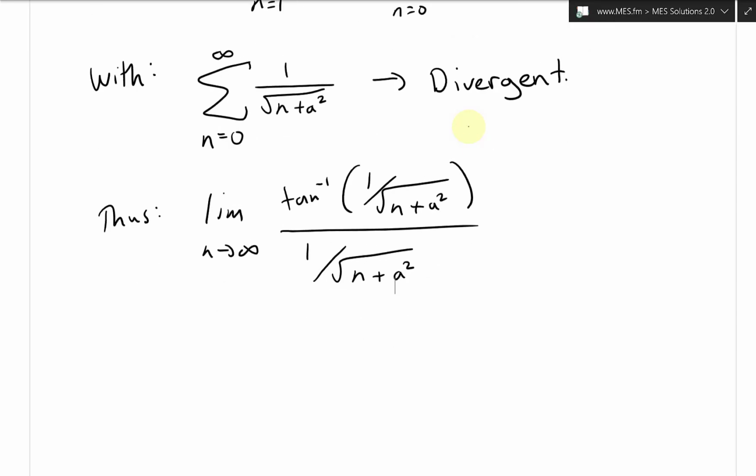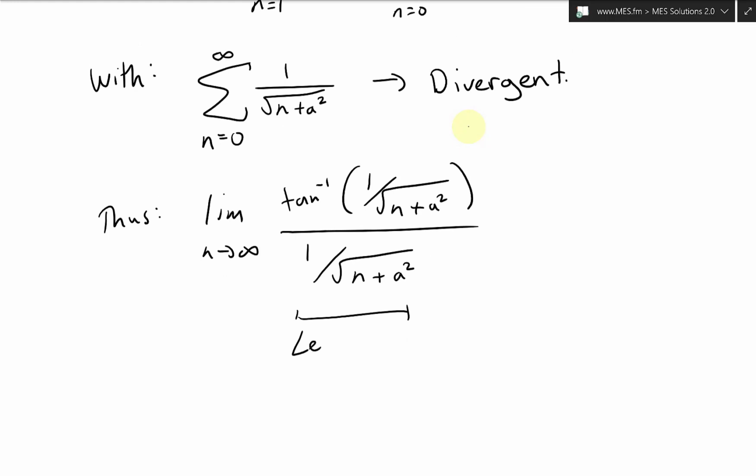And we can simplify this by letting z equal 1 over square root of n plus a squared. And now this is the same thing as writing the limit as z approaches 0, from the right side, so terms are positive.